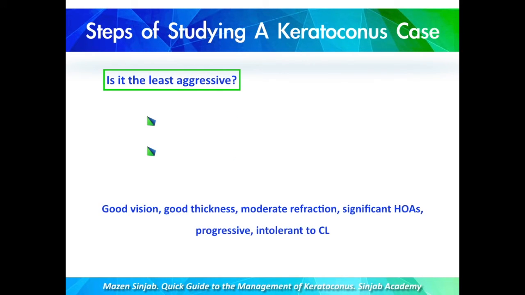Another example, a patient with good vision, good thickness, moderate refraction, significant high-order aberrations, progressive disease, and the patient is intolerant to contact lens fitting. And depending on the other parameters, there are 2 options.